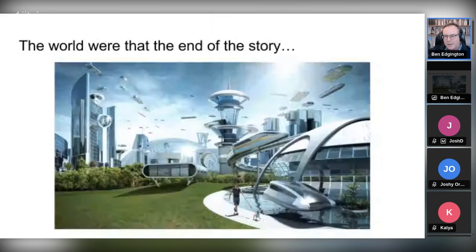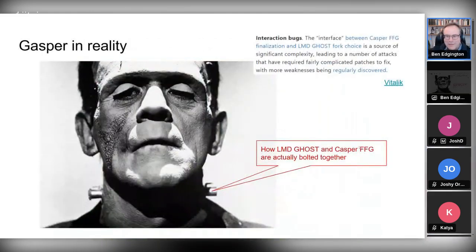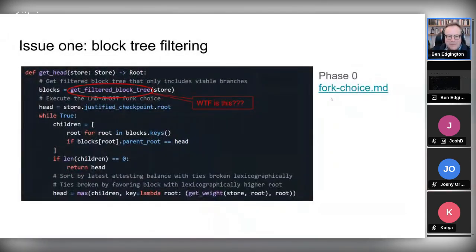If that were the end of the story, which it isn't, unfortunately, this is what it looks like in reality. How LMD Ghost and Gasper FFG are actually bolted together is ugly. Vitalik agrees, and you can look at the quote from him later. I skipped over this.